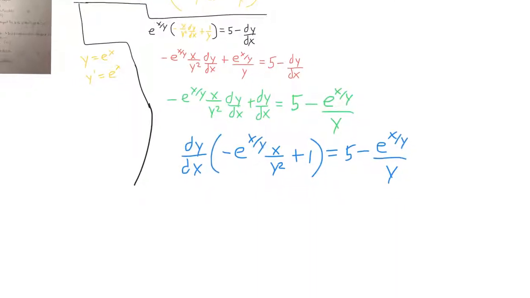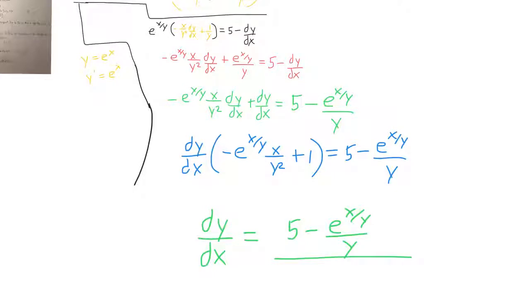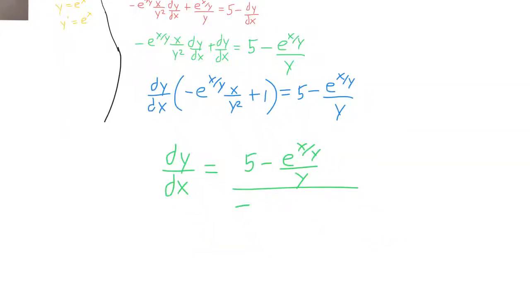Dividing both sides by this gives us the final result of 5 minus e to the x over y itself over y all over negative e to the x over y times x over y squared, keep these in parentheses, plus 1.